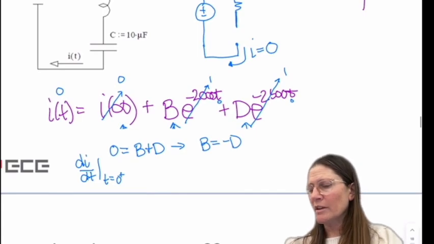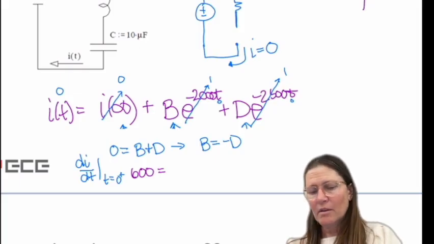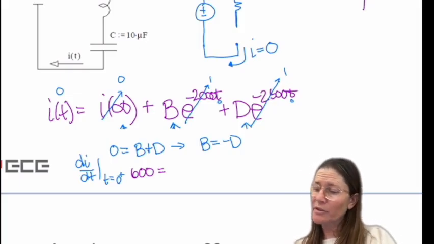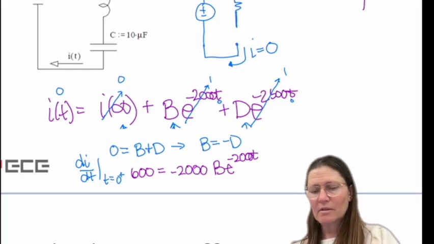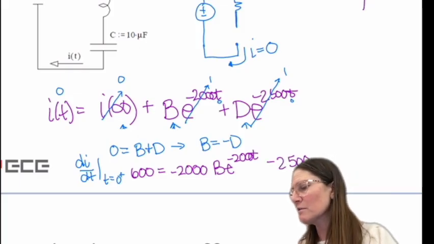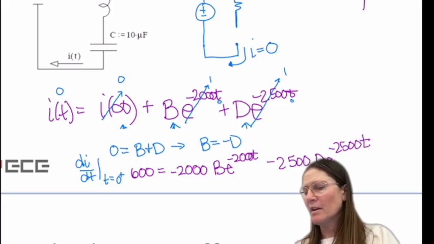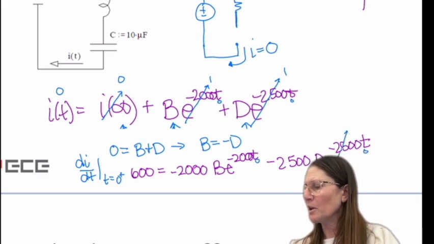So we use that 600, and then we would take the derivative, so this becomes a minus 2000 b e to the minus 2000t, and then a minus 2500 d e to the minus 2500t. And again, at 0, these become 1.